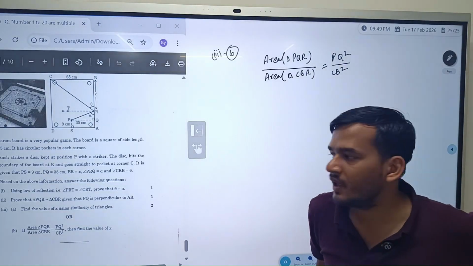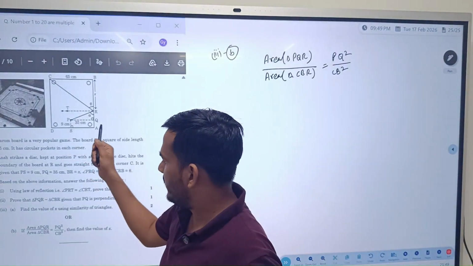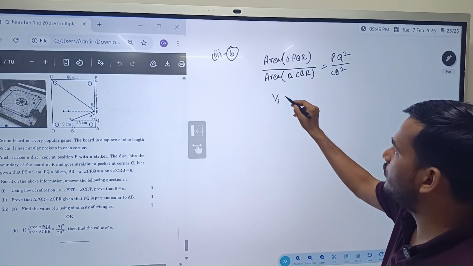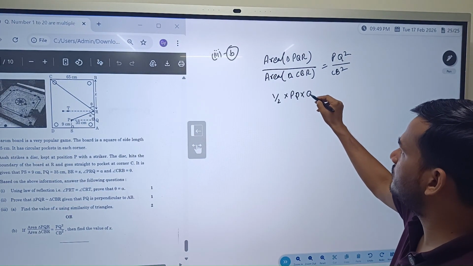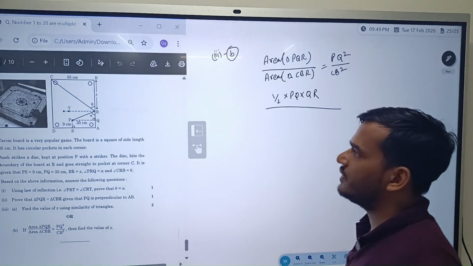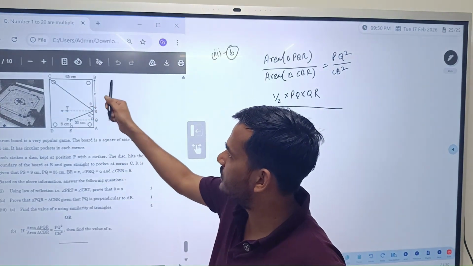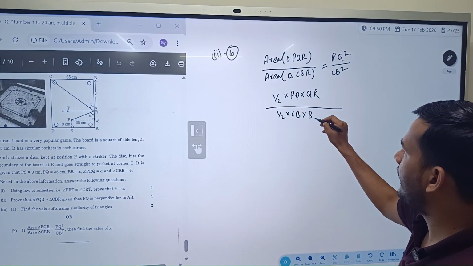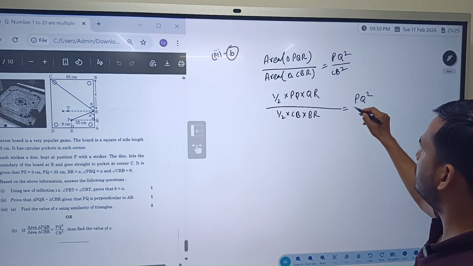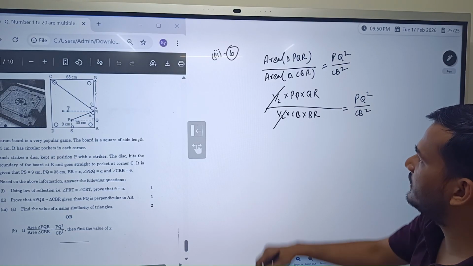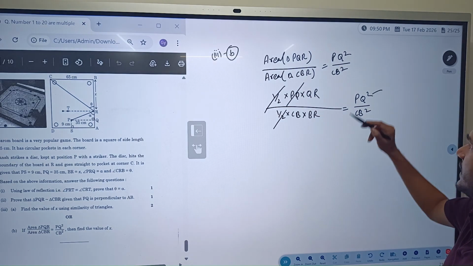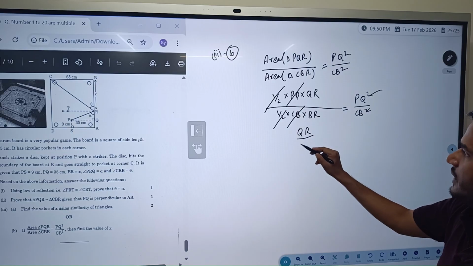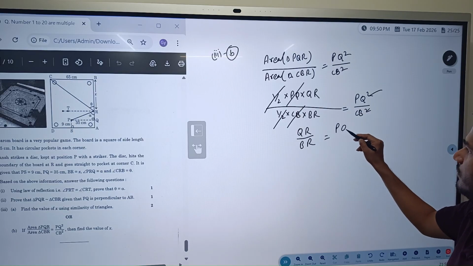From the figure, the area of triangle PQR is half into PQ into QR, and the area of CBR is half into CB into BR, equal to PQ square upon CB square. The half gets cancelled, one PQ is cancelled, and one CB is cancelled. So we get QR upon BR is equal to PQ upon CB.